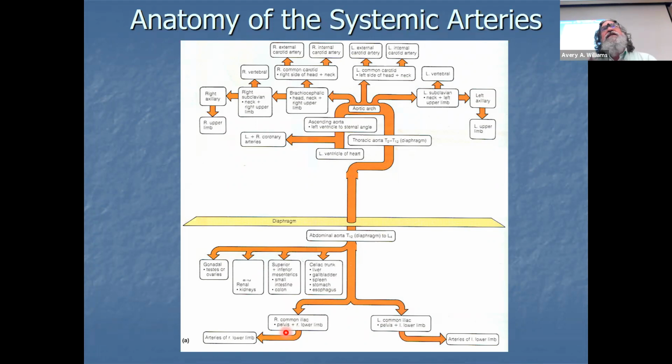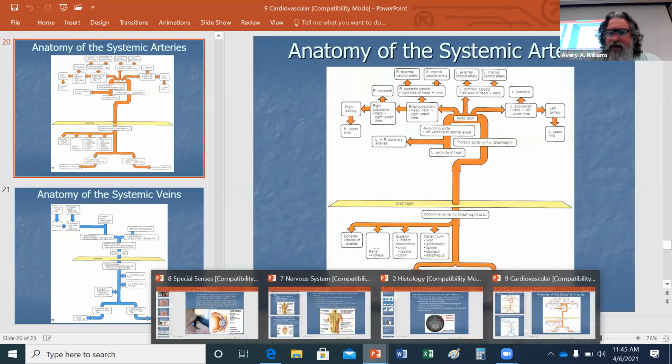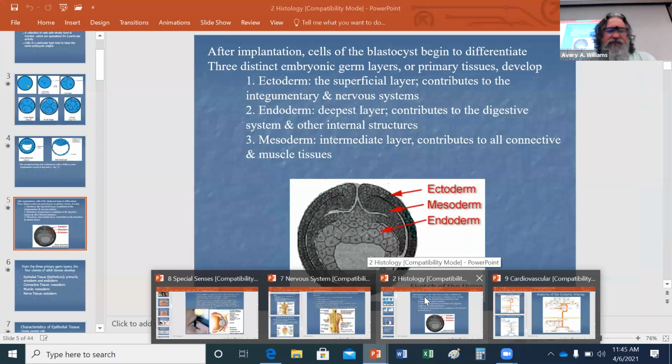Remember, there's three things: nervous system, special senses, and cardiovascular. And I think I have all those open, plus some. I opened up histology, that was on the first test.